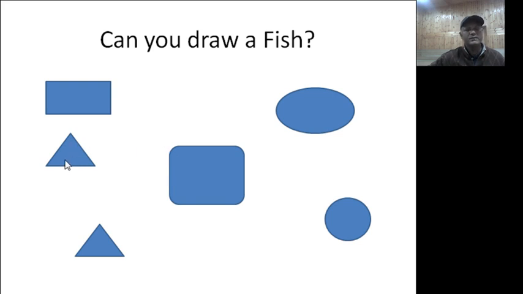With different shapes we can draw the figure of fish in your notebook, and I'd like to see at least 3 figures of fish in your notebook having different colors. Don't forget to color all these figures of the fish. It would be really nice to see the art done by you.